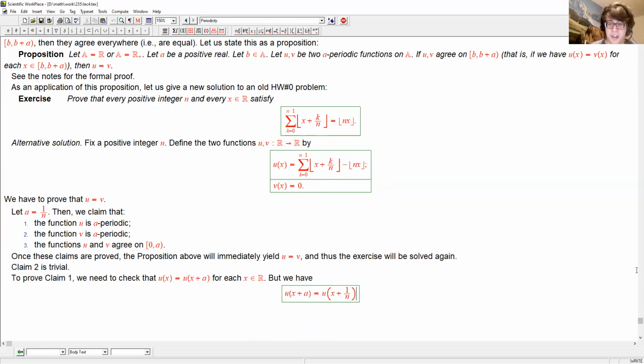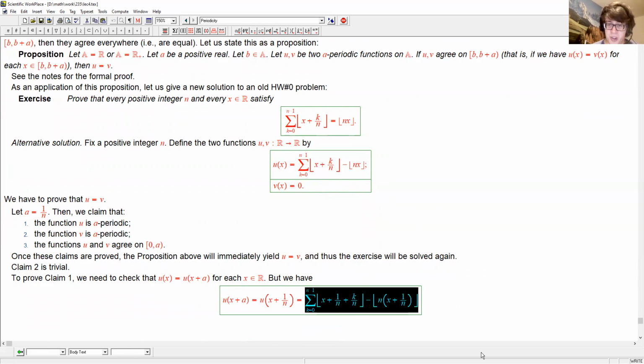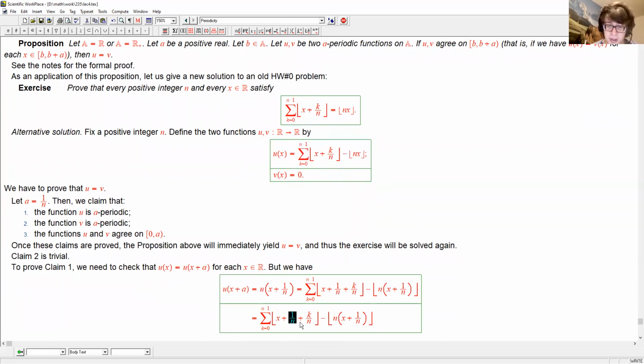is u of x plus 1 over n. So let's do this here. Let's plug x plus 1 over n here. So x becomes x plus 1 over n, and this is also x plus 1 over n. Let's simplify. 1 over n plus k over n adds together to k plus 1 over n. And this here multiplies to nx plus 1.